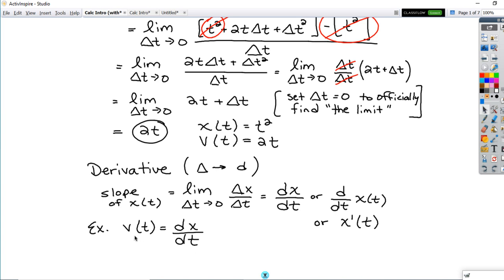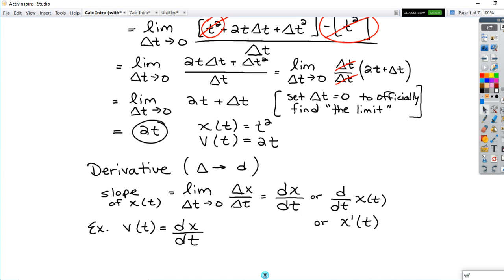I could also say that the derivative is the velocity function. Specifically, the derivative of the position function is the velocity function. All right, so these are all notations that you will encounter at some point.